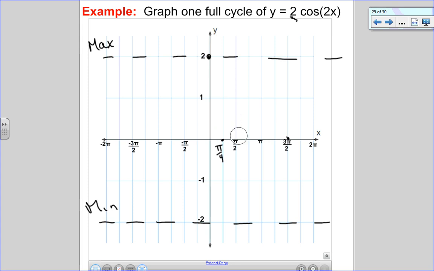Same thing for the next one. I'm going to take that x-intercept at 3 pi over 2 and stretch it to be half of the distance. You can even count 1, 2, 3, 4, 5, 6. Half of the distance will be 1, 2, 3. So this will be my new x-intercept here, at 3 pi over 4.